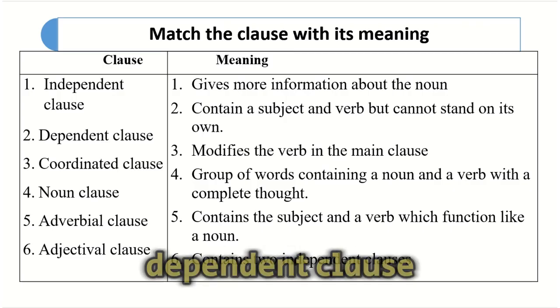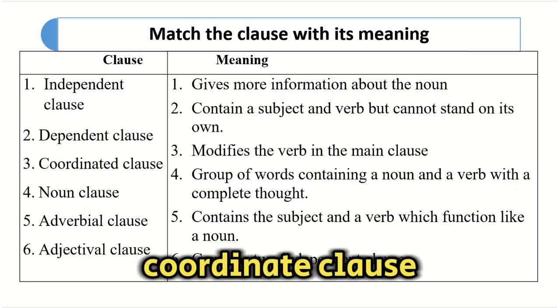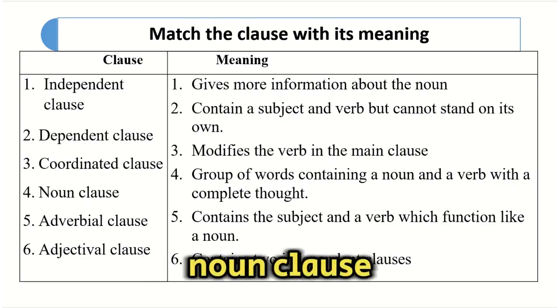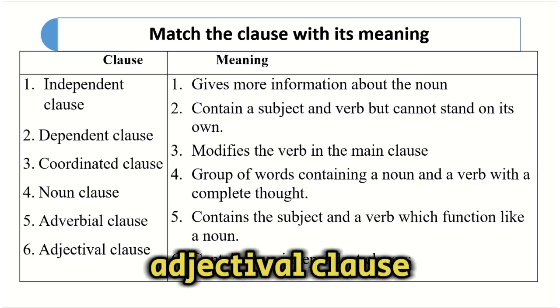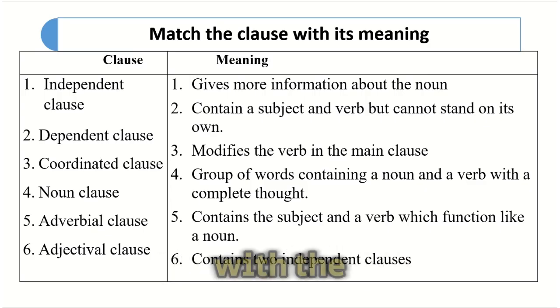Number 2, dependent clause. Number 3, coordinate clause. Number 4, noun clause. Number 5, adverbial clause. Number 6, adjectival clause. So match the meaning with the clause on the left. I'll ask you to pause this video here and match the meanings. After you match the meanings, then you can go on with the video and watch the rest.